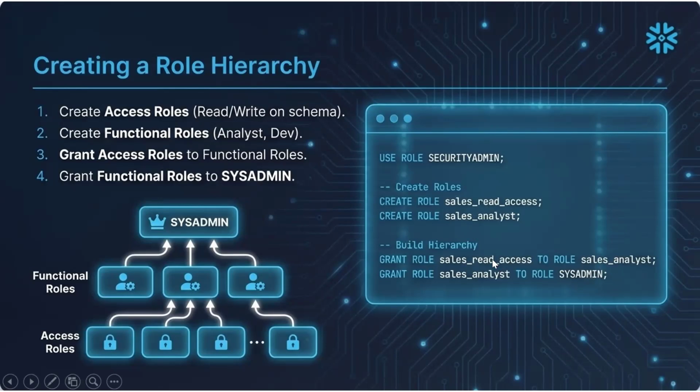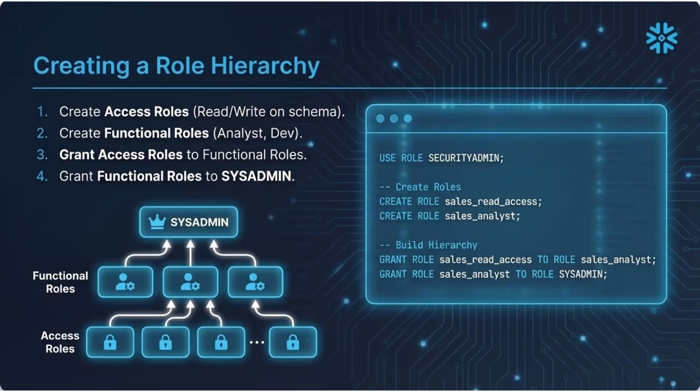For example, assume sales lead access has access to a dev database, and the sales analyst has access to UAT. So sysadmin will get access to both dev and UAT databases, but sales lead access will have only dev, and sales analyst will have both dev and UAT. So the hierarchy is like that.